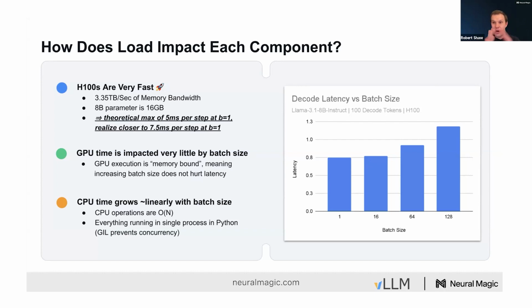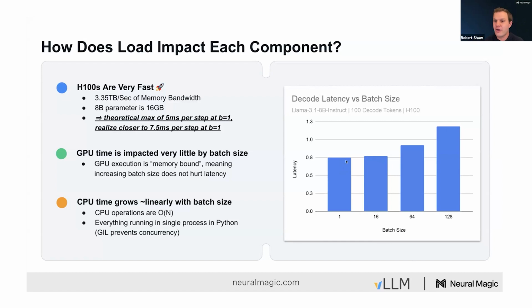And as load increases on the GPU and we move from batch 1 to batch 256, because we're in this memory-bound case, the latency of doing a batch 16 or batch 64 decode is very close to the latency of doing a batch 1 decode.